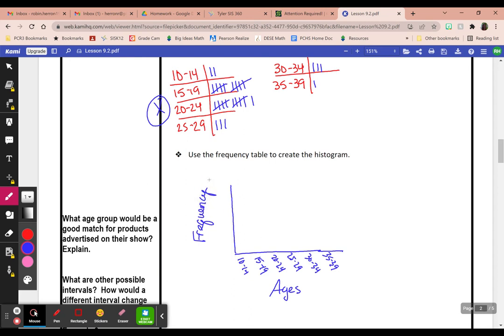Our frequencies: this one has 2, this one has 10, 11, 3, 3, and 1, right? The biggest one I have to have up there is 11, so I'm just going to count by 2s. 2, 4, 6, 8, 10, 12. Okay?